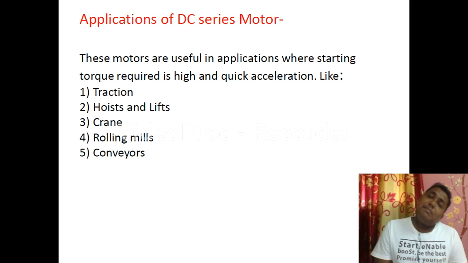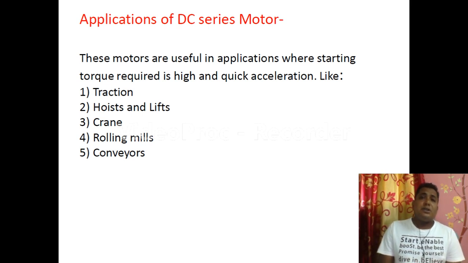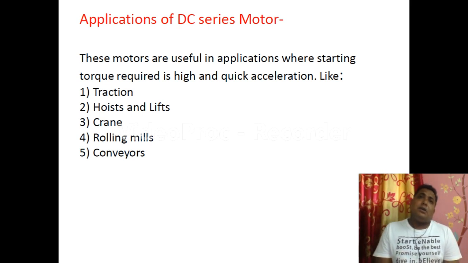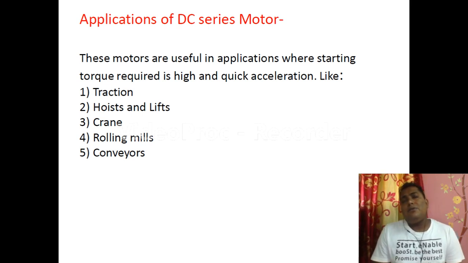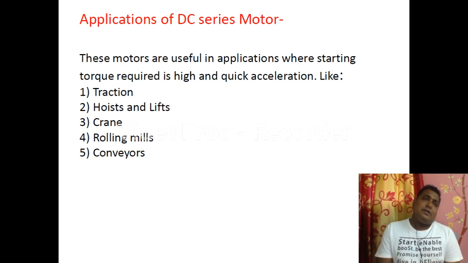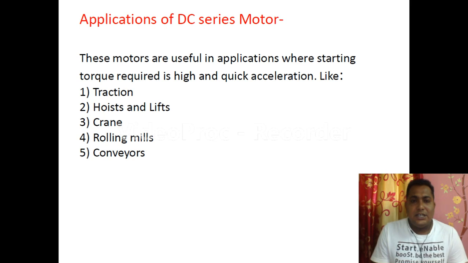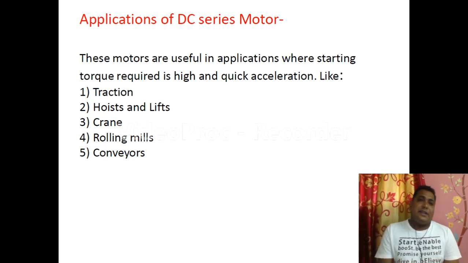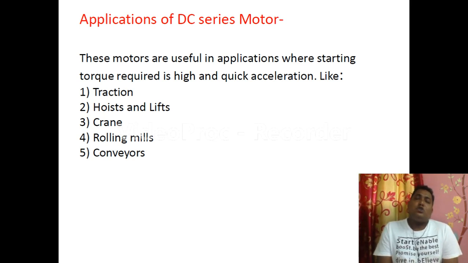Yes, these are the applications. It is very important to understand the application of this series motor. Nowadays, all over the world we are using the three-phase induction motor, but 10-15 years back all heavy lifting machines were DC series motors, as it has a very high starting torque, so it can carry a huge load at a time from zero speed to some extent of speed.